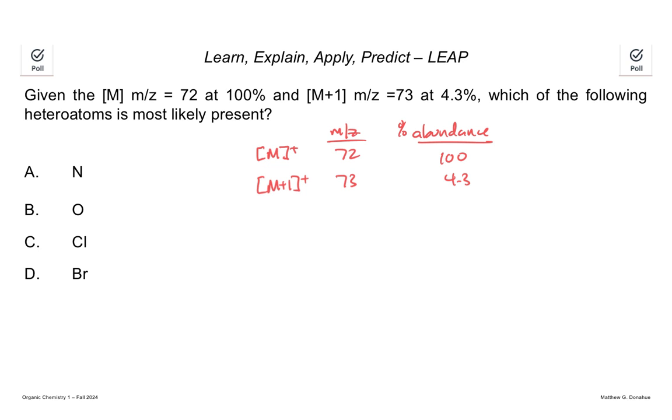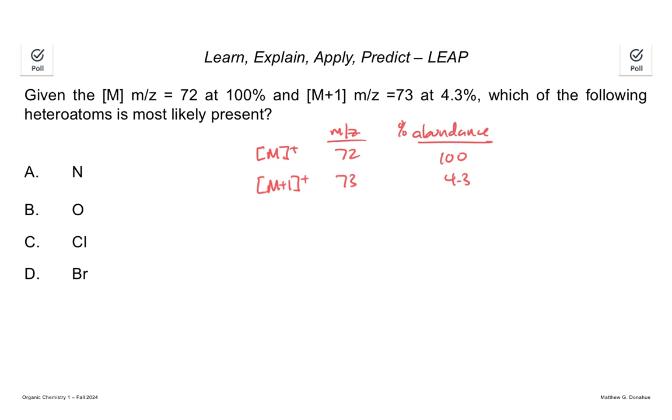Given that data, which of the following heteroatoms is most likely present? So students often walk into a subtlety, or fall off that cliff.